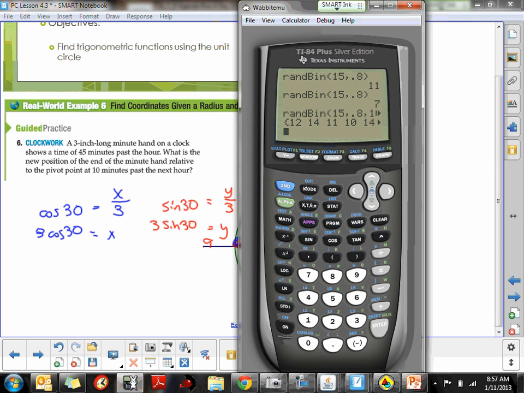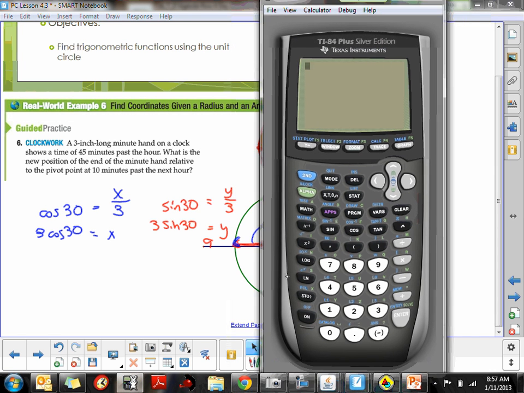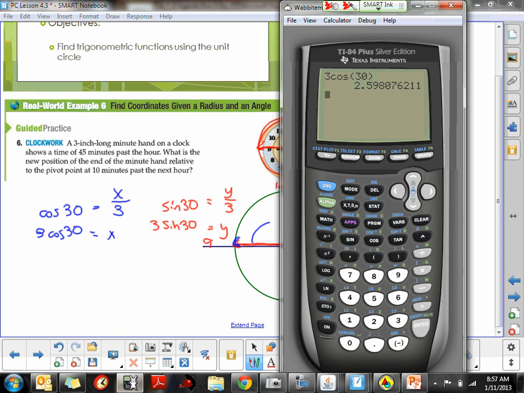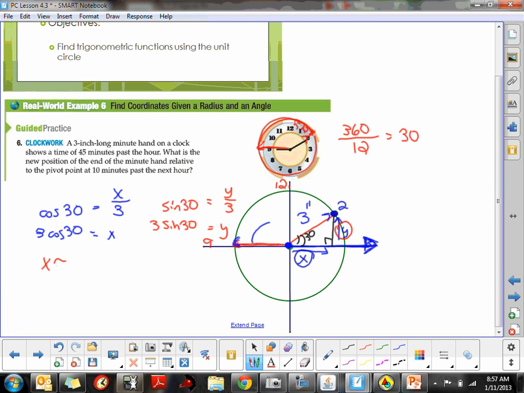So I'm going to go back to the home screen, clear that, and check the mode to make sure I'm in degree mode. It is. So we have 3 cosine of 30, and that equals 2.59, so let's round it to 2.6. So x is approximately 2.6.